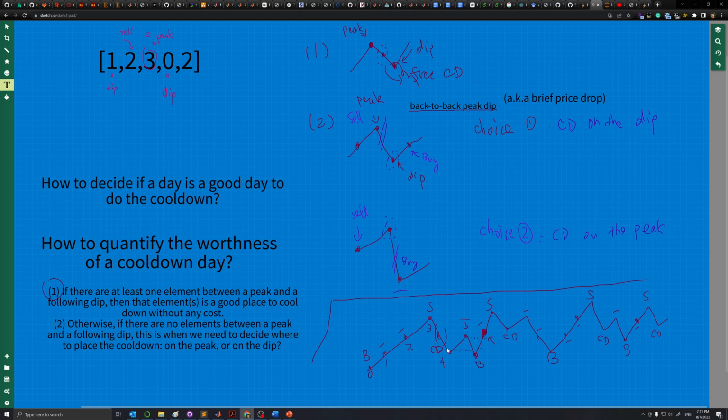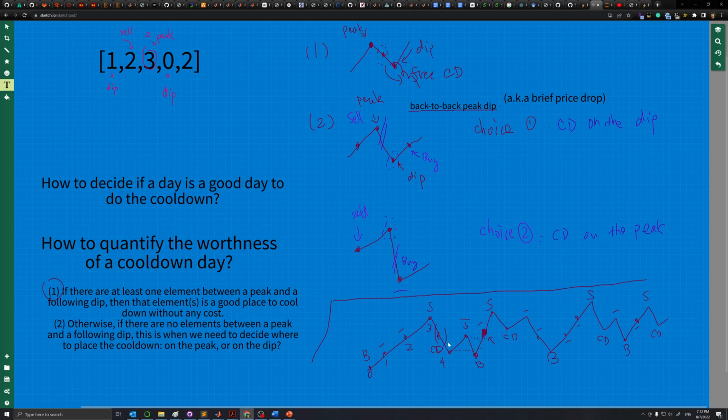During this entire up and down of a stock market, the only kind of shape or terrain or geometry that we really need to focus on are those back-to-back peak-dip price drops. So let's first identify those points. Those are the only places where we need to make a decision.